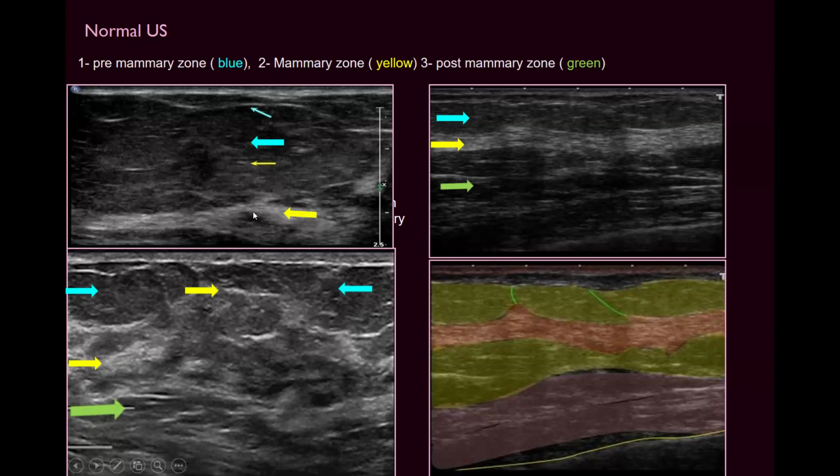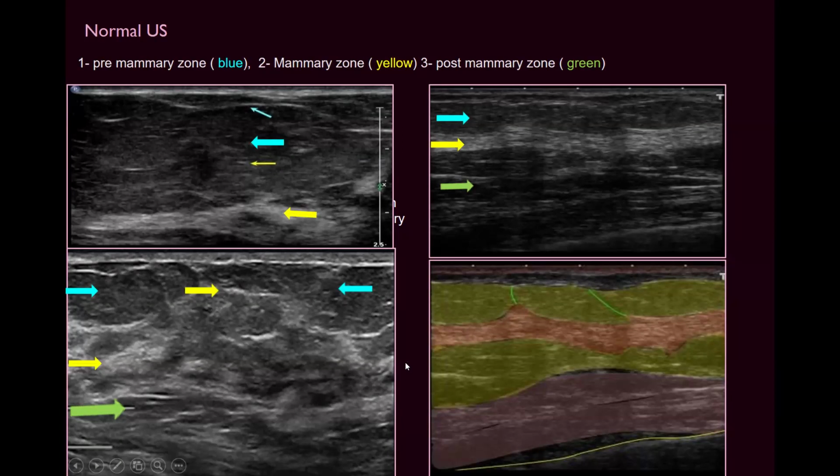But let us check those on the left side. For this one, all this layer in front of this fibroglandular tissue represents the pre-mammary zone. This is the pre-mammary zone, and this is the mammary zone, but unfortunately, the retro-mammary zone is not imaged or not represented in this image.